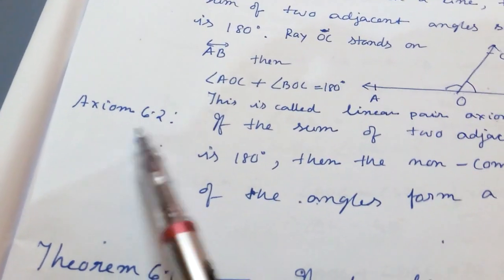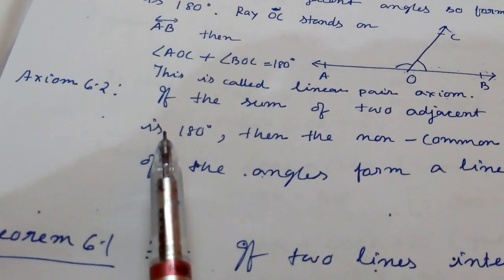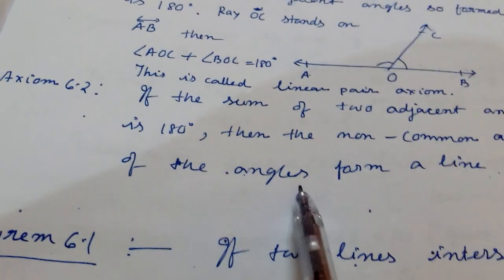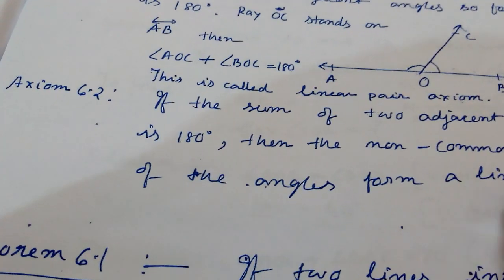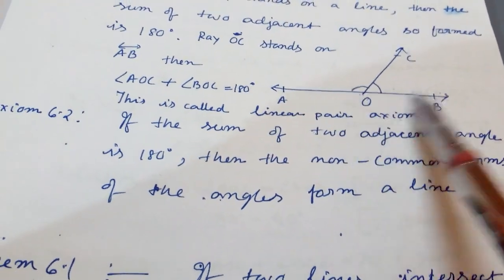Axiom 6.2. If the sum of two adjacent angles is 180 degree, then the non-common arms of the angles form a line. Since AOC plus BOC is equal to 180 degree, therefore AB is a straight line.